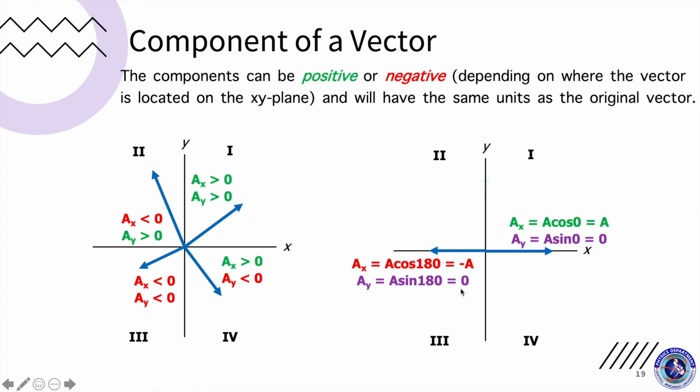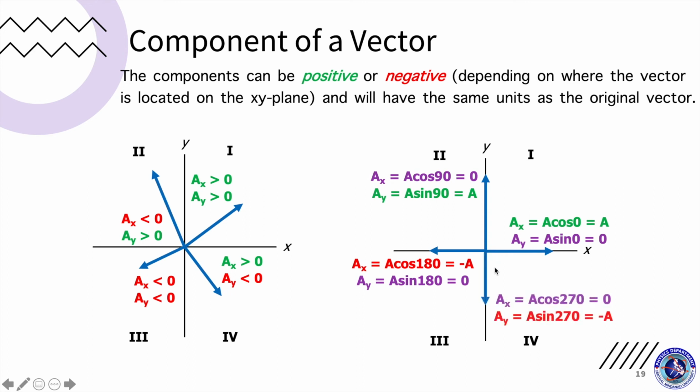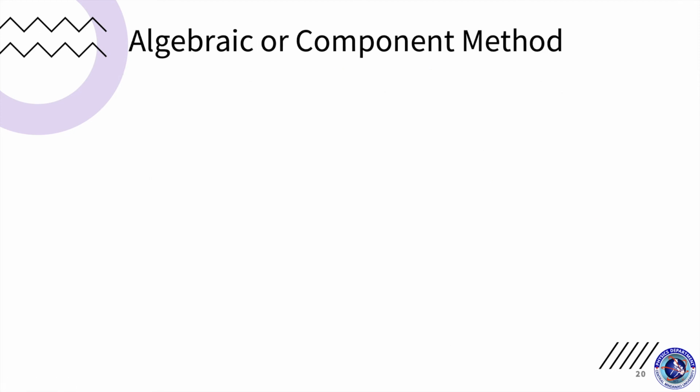If it's lying along the positive y-axis, your ax is simply equal to 0, while your ay is simply equal to its magnitude, positive since it's lying along the positive y direction. And lastly, if it's lying along the negative y-axis, your ay is simply negative times the magnitude of the vector, and your ax is simply equal to 0.